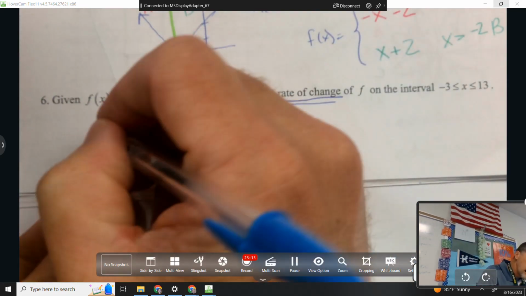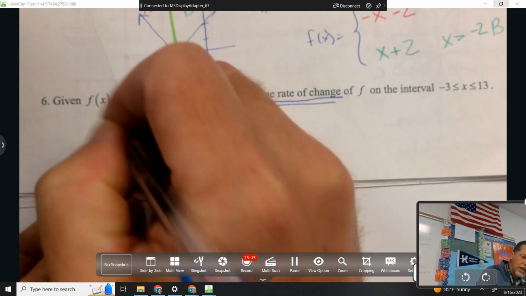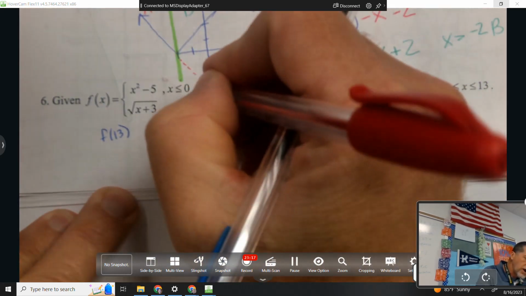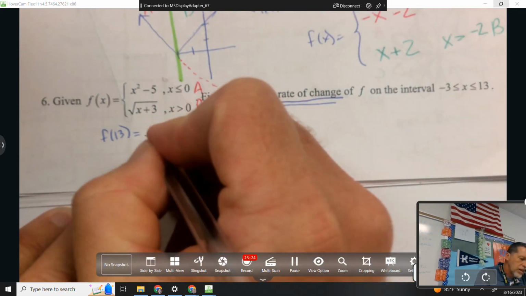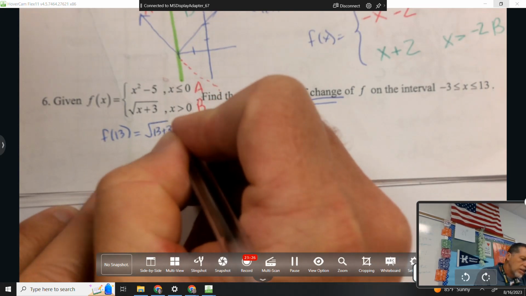All right, so how do I get f of 13? Which branch is that on, A or B, if we want to call them branches here? It'd be branch B, bigger than 0. Square root of 16 is 4.